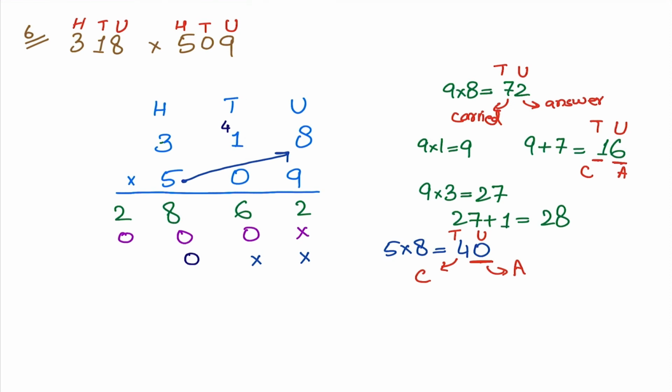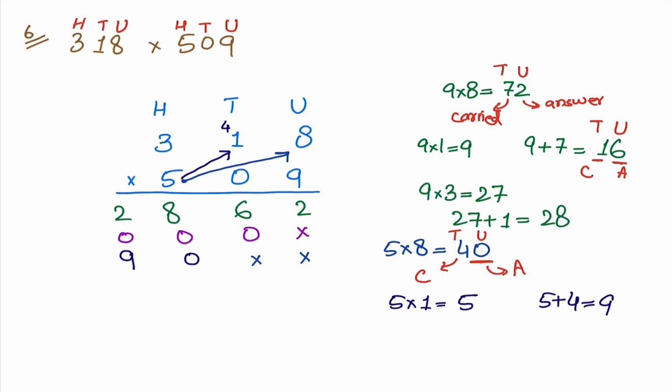Okay? Next thing we will do is we will multiply 5 with 1. So 5 times 1 is 5. And then you will add the number that was carried. So 5 plus 4 is 9. So here we will write 9.